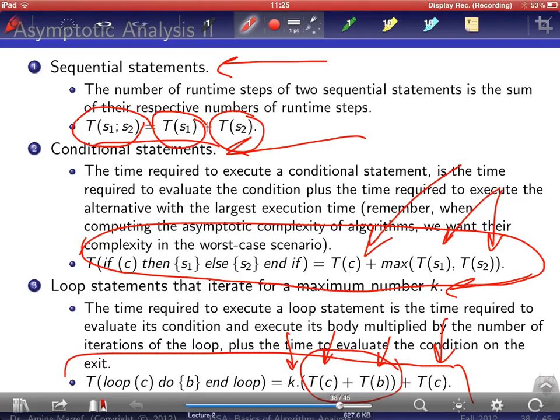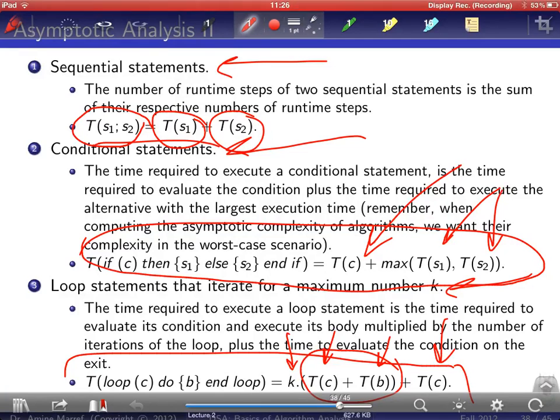So this is sequential with this, which is also sequential with that. So these 3 statements are sequential at this level. That's a loop statement, and that's the body of the loop, okay? And these are the alternatives of the conditional statement.